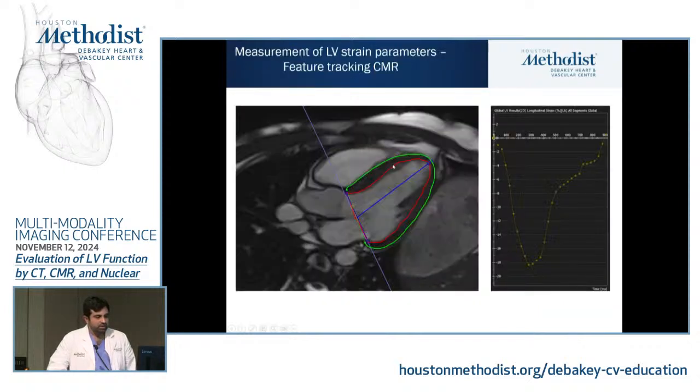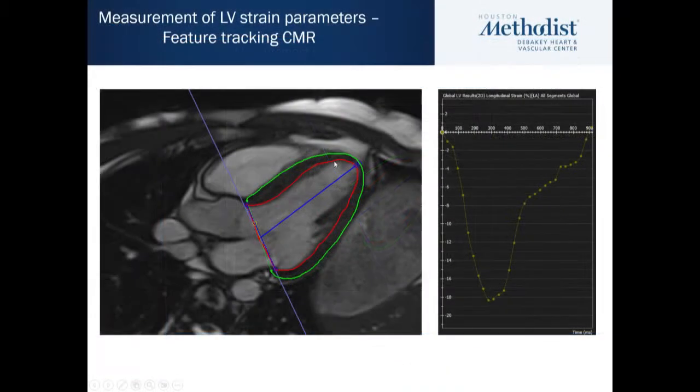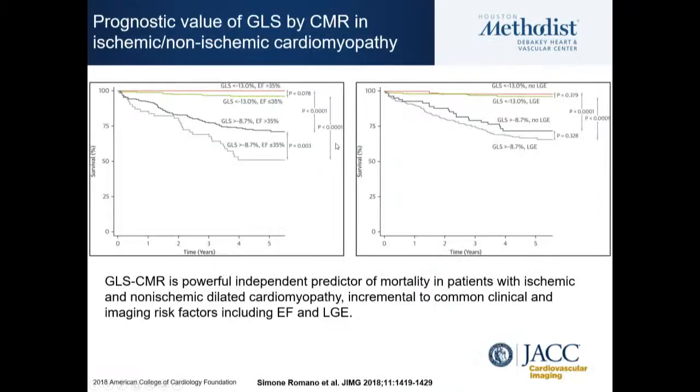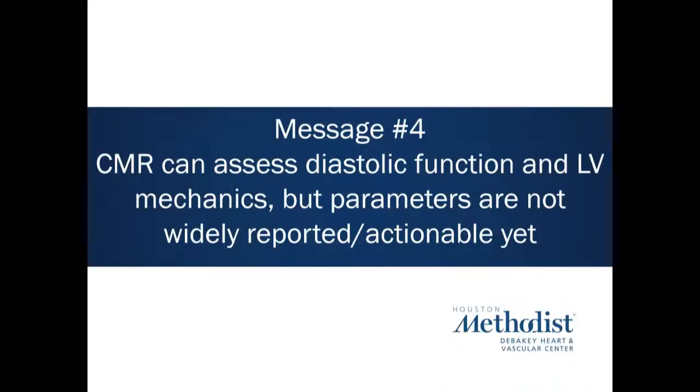You can get strain measures, which rely on what we call feature tracking, and then, as you may expect, similar to echo, it's a powerful independent predictor of mortality in those with ischemic cardiomyopathy and non-ischemic cardiomyopathy, incremental to EF and LGE. We don't routinely report it, but I think the more data that comes, and the more information, particularly about how and whether this is actionable or not, will probably lead to us using it, similar to echo.